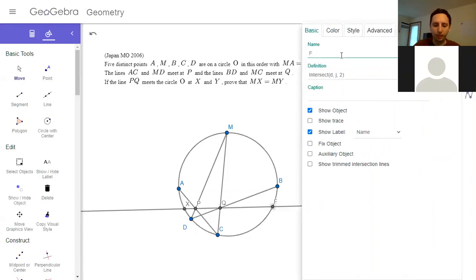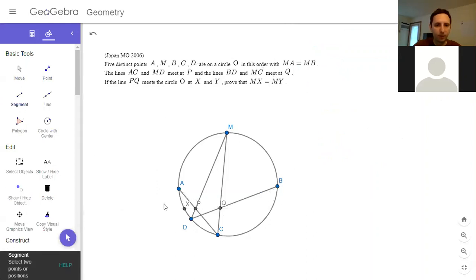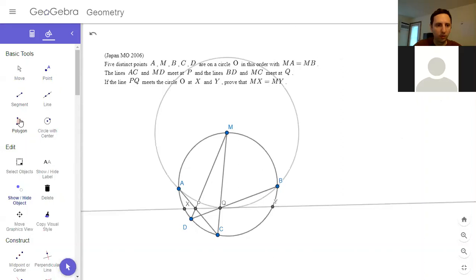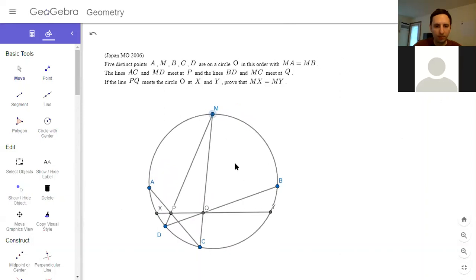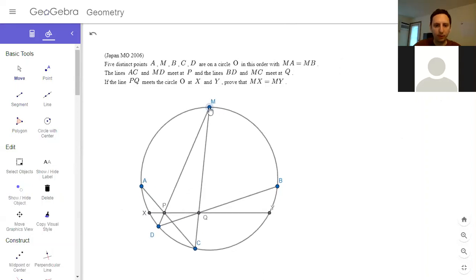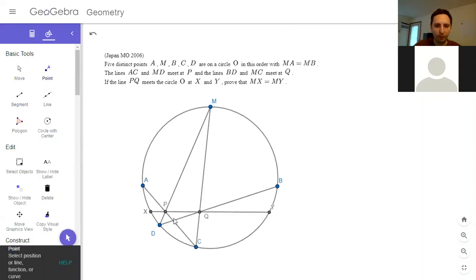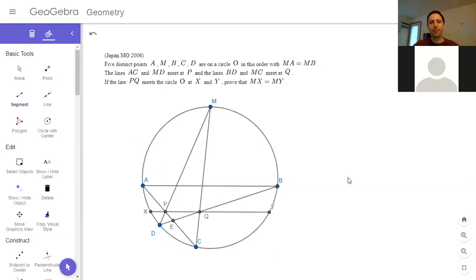Basically we want to show AB and PQ are parallel, right? And we have to use that MA equals MB. So AB we want to show is parallel to PQ or XY.